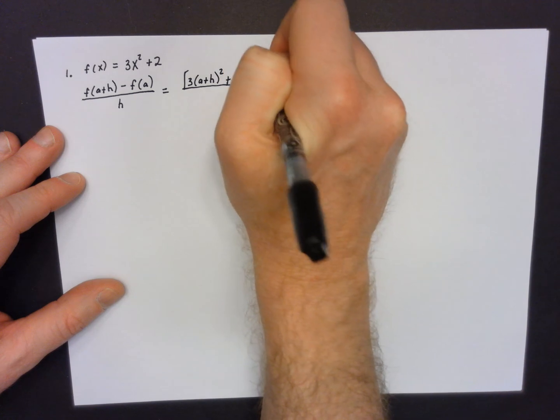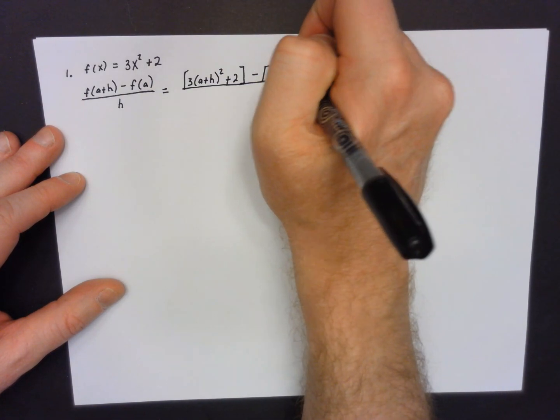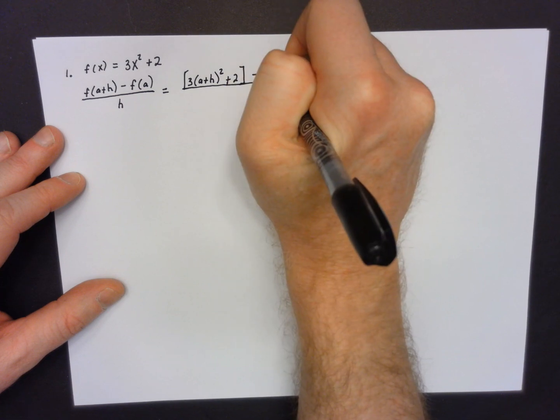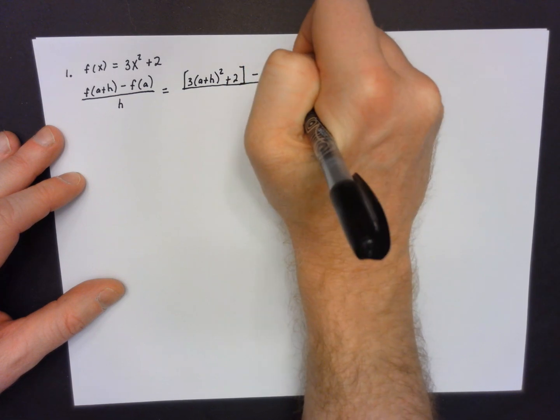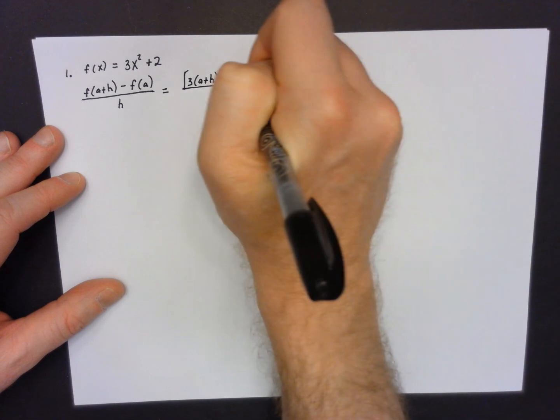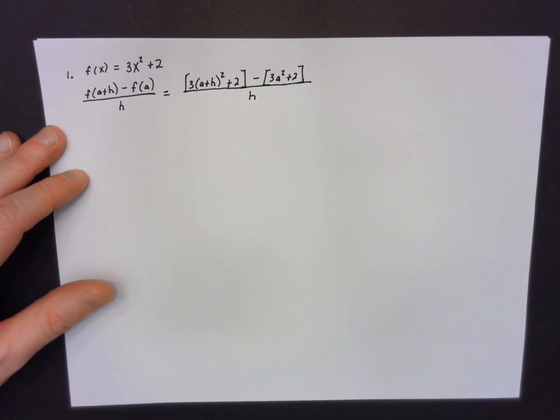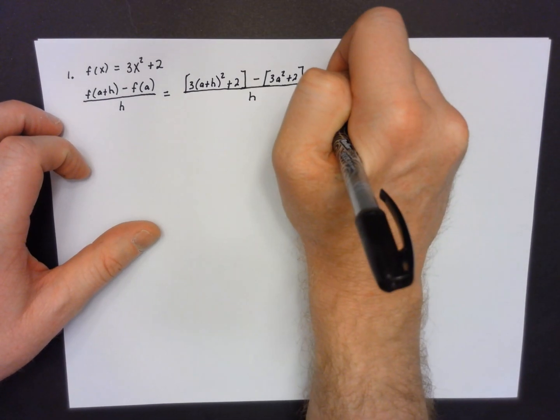From that, I subtract f of a. The group f of a is just what you see up there, except instead of 3x squared, it becomes 3a squared plus 2. So I have my f of a plus h minus f of a over h. Now I need to try to simplify that down.